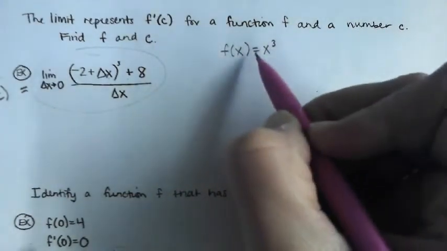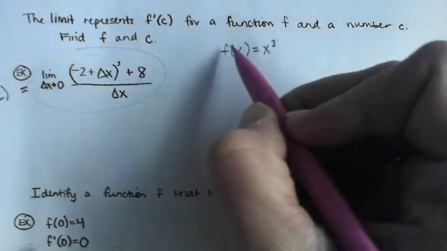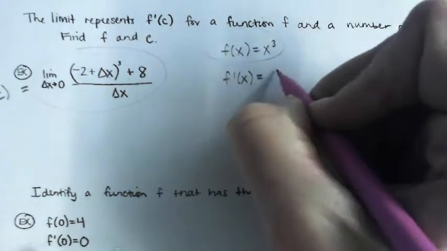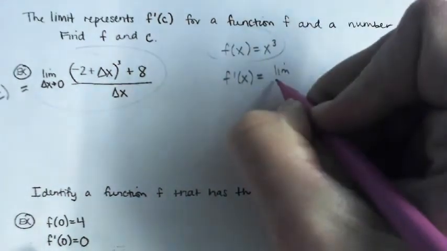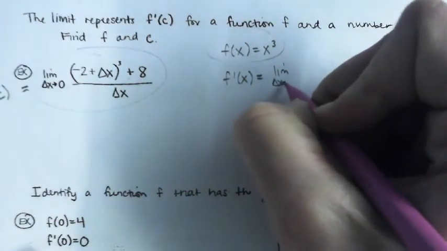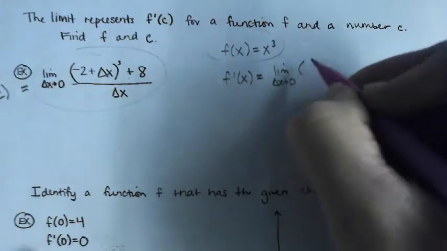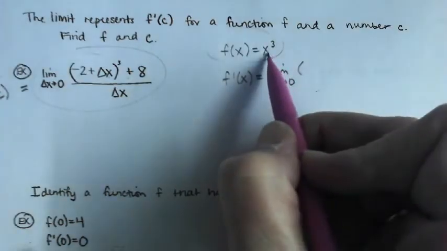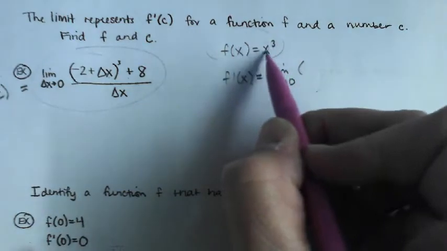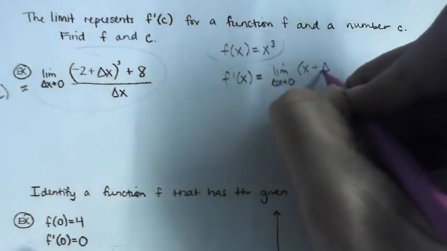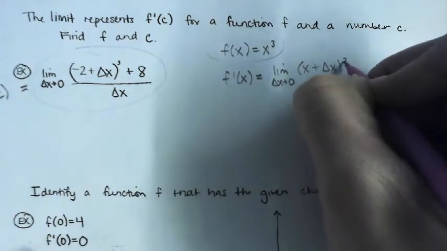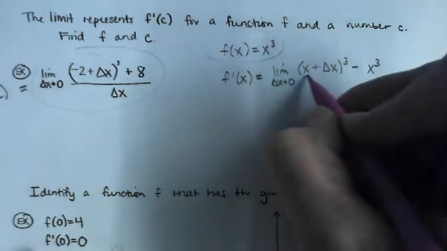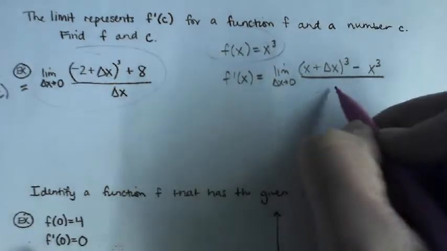So if I was looking for the derivative of this function, f prime of x would equal the limit as the change in x approaches 0 of f of x plus change in x. So if I'm doing f of x plus change in x, I'm plugging in x plus change in x, minus f of x, which would just be minus x cubed, all over change in x.